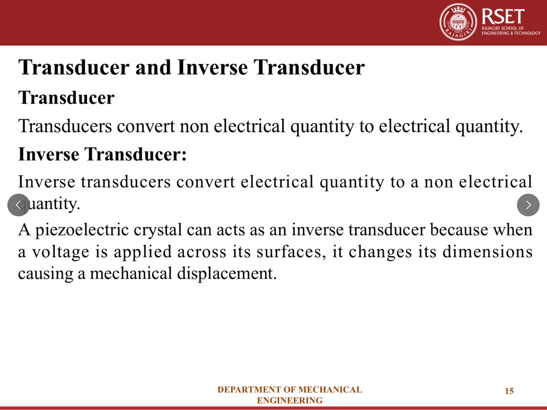So that is a transducer which works based on the principle of resistance variation. And then we have a thermocouple. We already discussed it, and we will also study it in detail in the coming module.